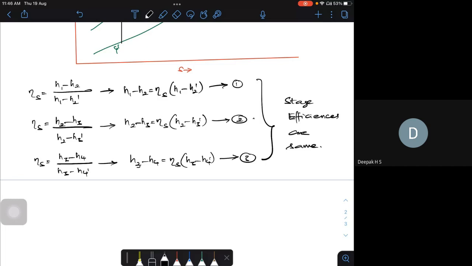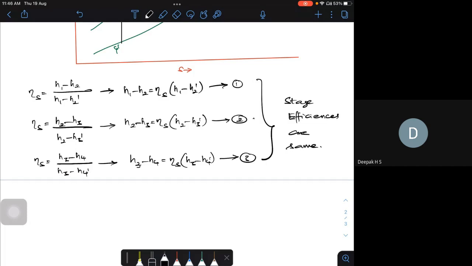I can't have different stage efficiencies for a turbine. Each stage will have the same efficiency. When I'm designing it, if I fix the stage efficiency for a particular turbine at 85%, and it has 6 stages, all 6 stages should have an efficiency of 85%.